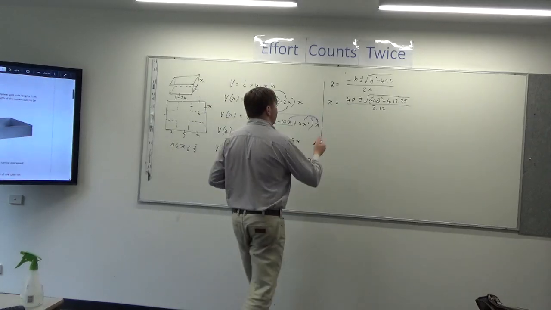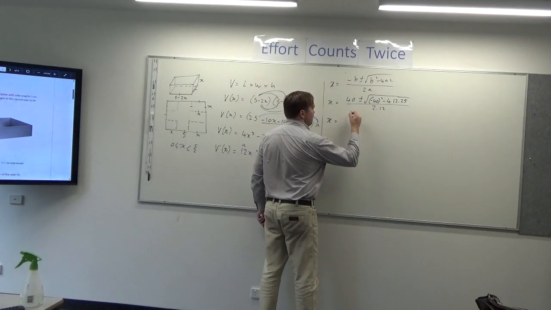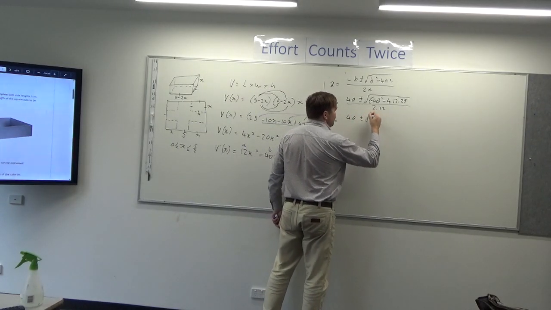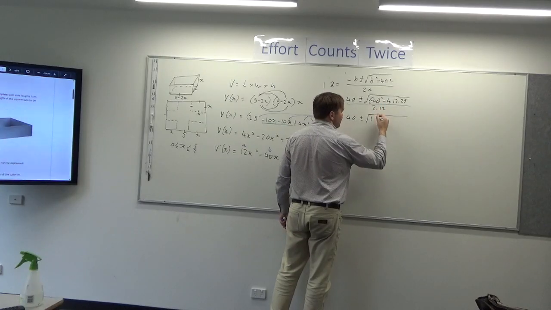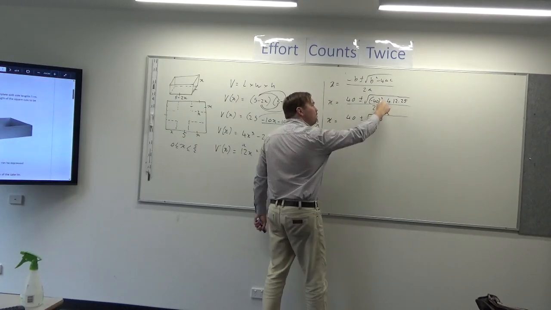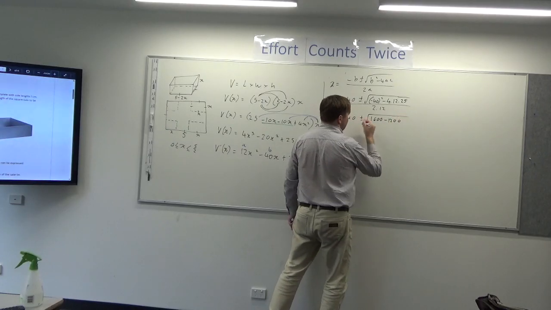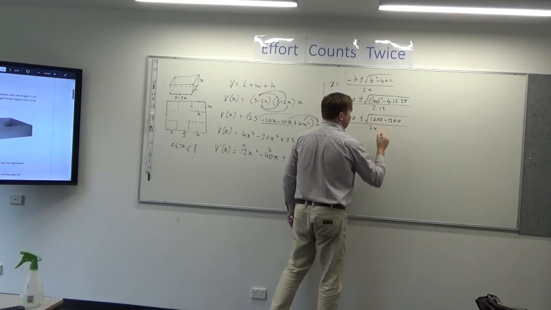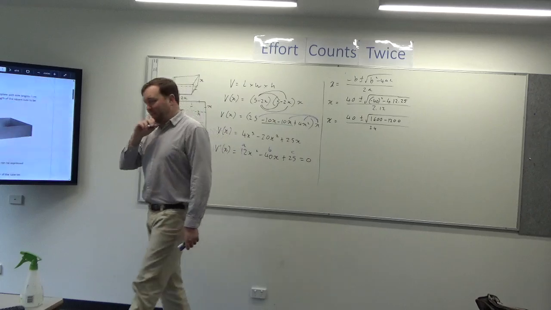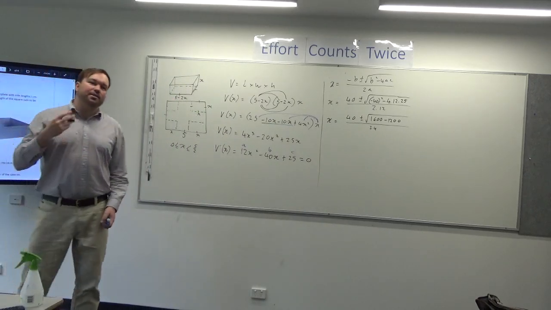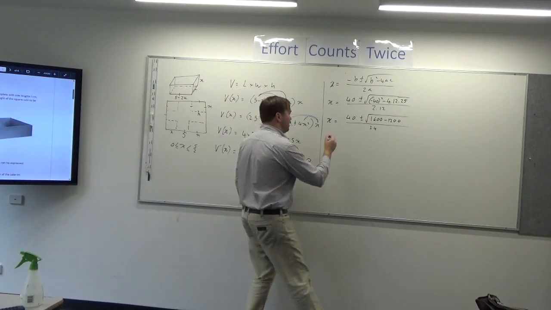Alright, then we can grab our calculator, and our calculator will help us do a bit of this. Plus or minus the square root of minus 40 squared is 1600. 4 times 25 is 100, times 12 is 1200, over 24. So clearly you're not having to rely on your head to do this, your calculator will help you out.